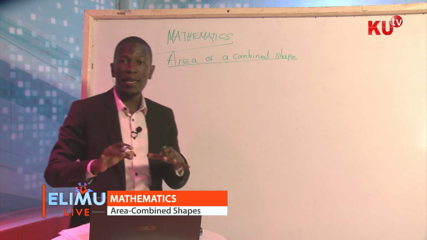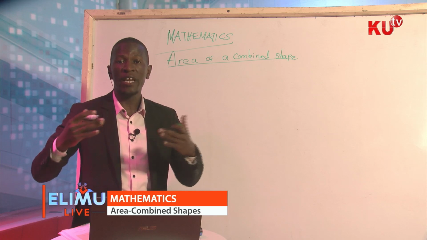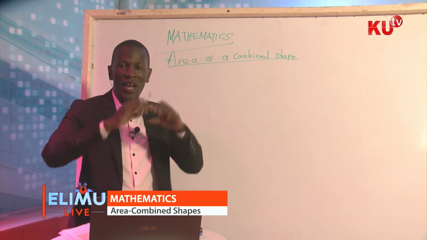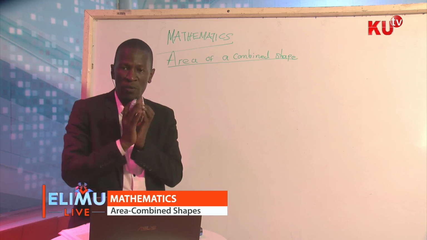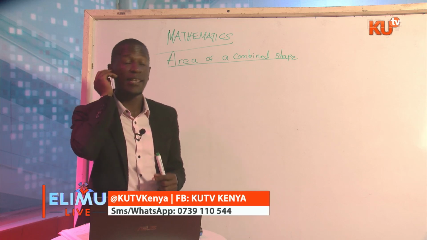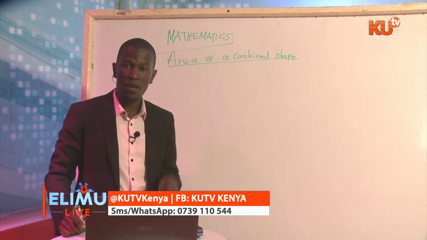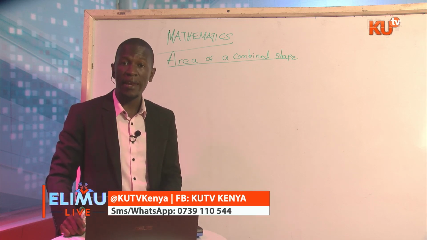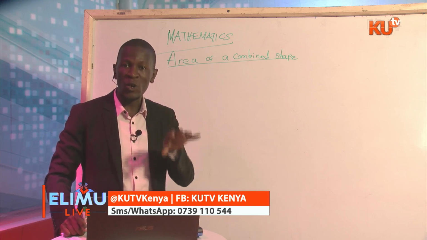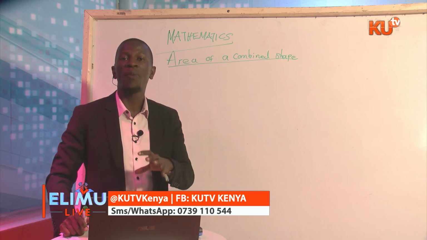You need to understand why we are talking about combined shape. It is because different shapes have been combined. It is made up of basic shapes, which are square, rectangle, and triangle. That's why we need to know how to find these areas before we find the area of the combined shape.